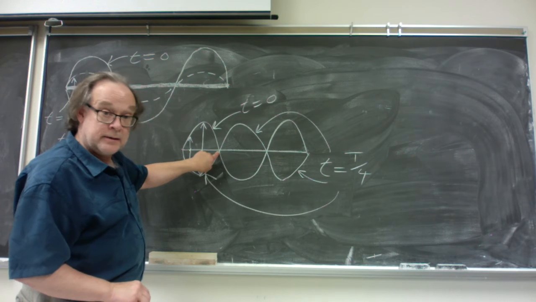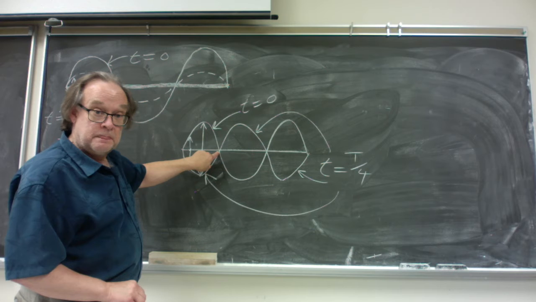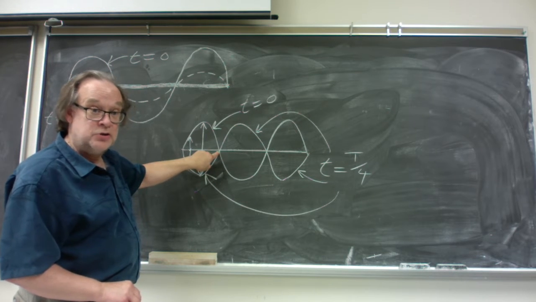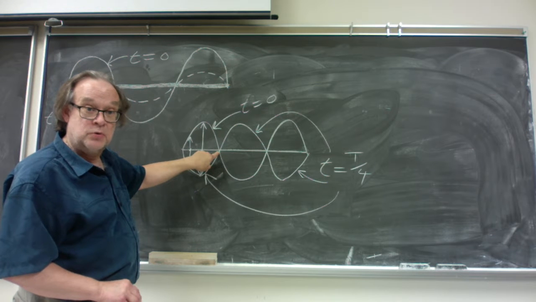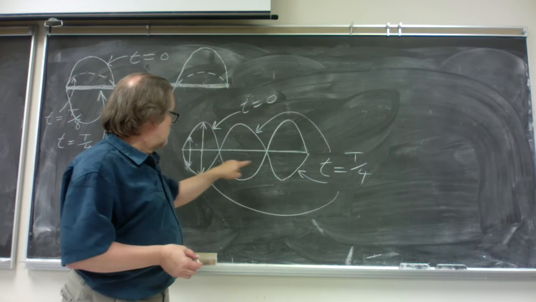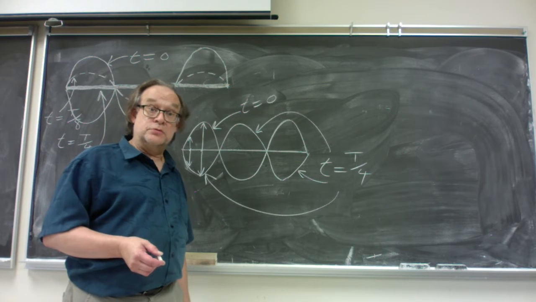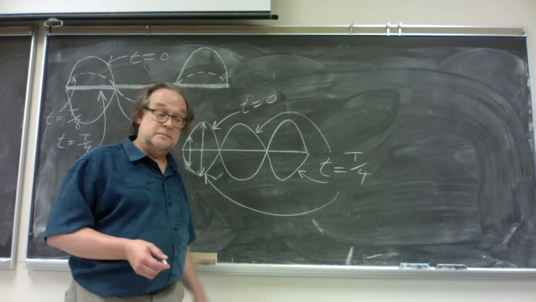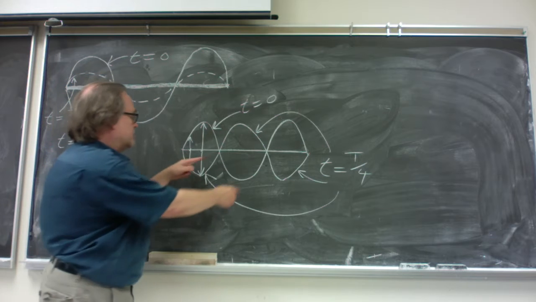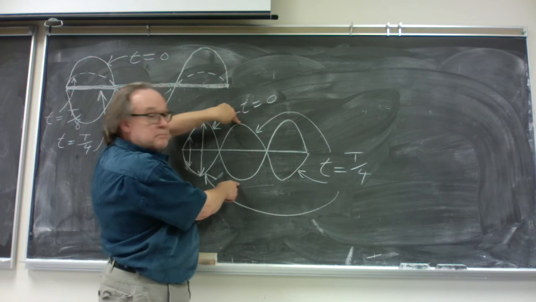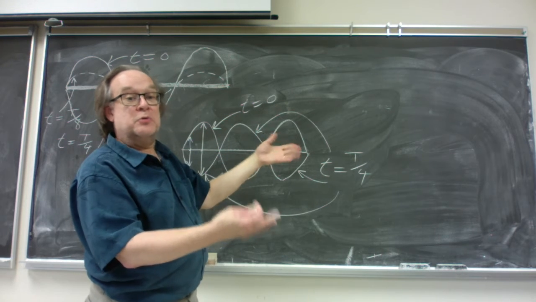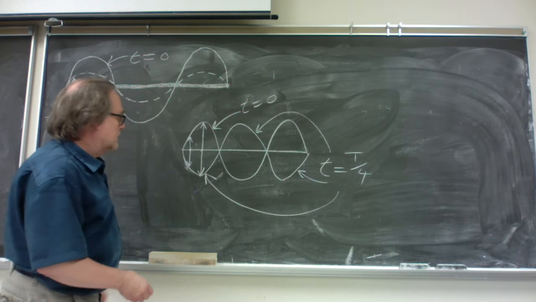And then for points like this, the amplitude is 0. Points like this actually don't oscillate at all. It's one of the characteristic features of a standing wave. There are points that don't oscillate. We call those nodes. And the points in between, where you get maximum amplitude, are called antinodes, sort of the opposite of nodes.